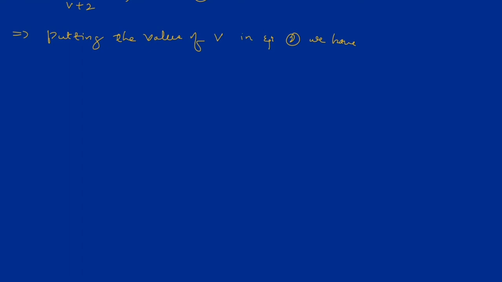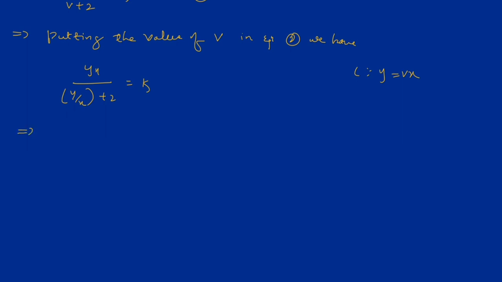What we get, let's see, that is yx upon y by x plus 2, which equals k, because y equals vx. In the numerator, vx square is there, so x gets cancelled, only yx remains in the numerator, and in the denominator y by x plus 2 equals k, right?